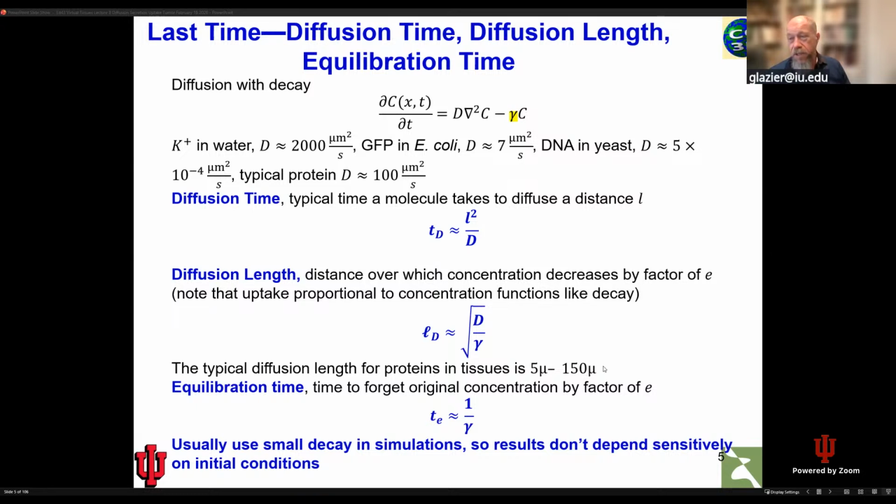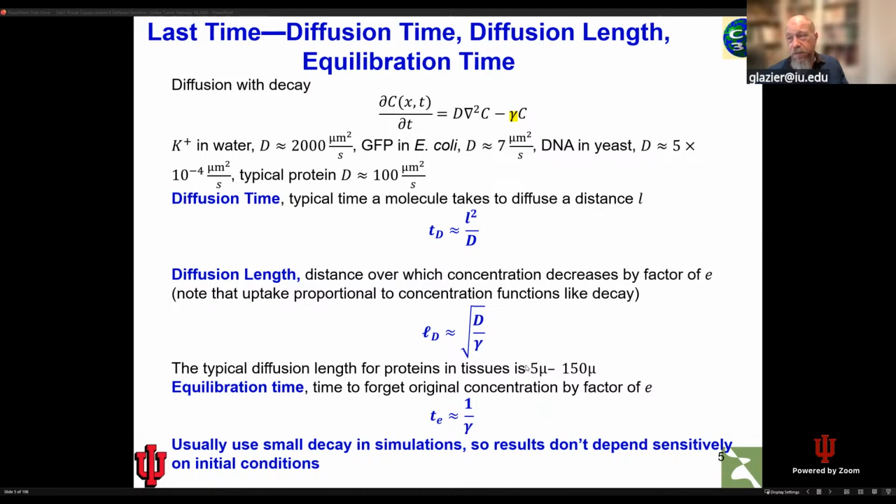The diffusion length, when there's decay, is how far a molecule typically gets before it decays or is absorbed. That's like the square root of D over gamma. And then the time to equilibrate, which is just 1 over gamma. And so all of these are useful numbers.